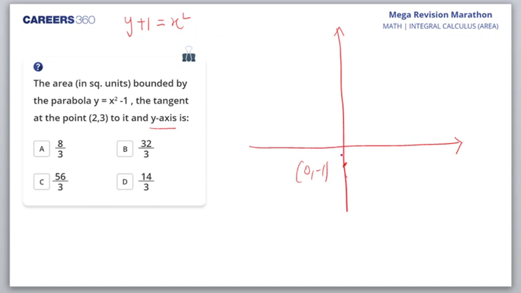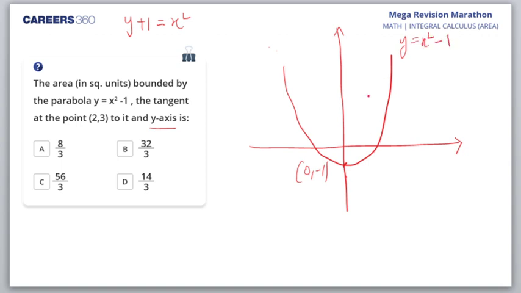And where it would intersect the x-axis, I'm not pretty interested in that. But although, I'll put y is equal to 0, I'll get x equal to plus minus 1. So the curve intersects the x-axis at minus 1 and plus 1. So this curve is y is equal to x square minus 1.